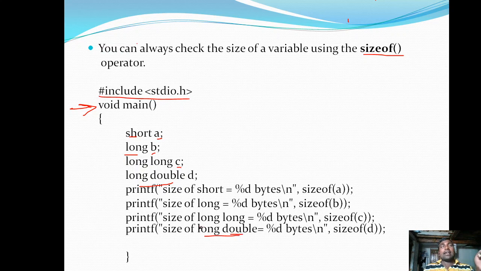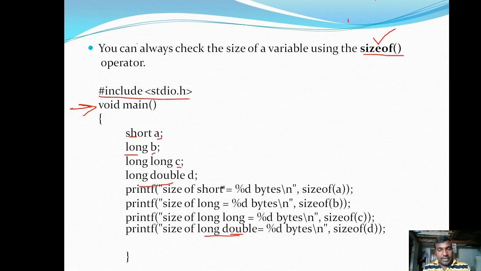That can be calculated with the help of this sizeof operator. For that, you need to pass the type of data for which you want to calculate the memory size.